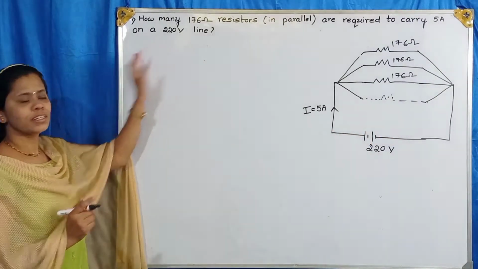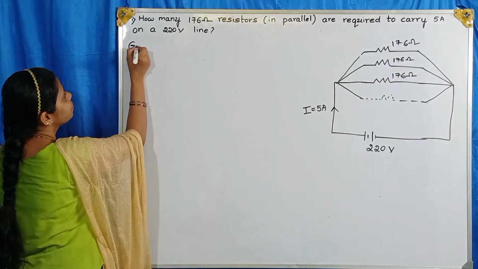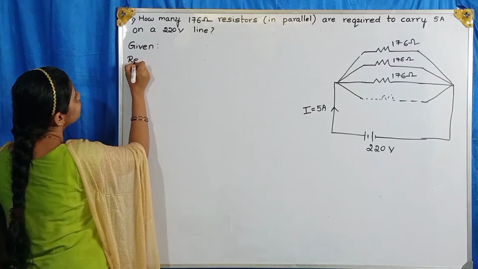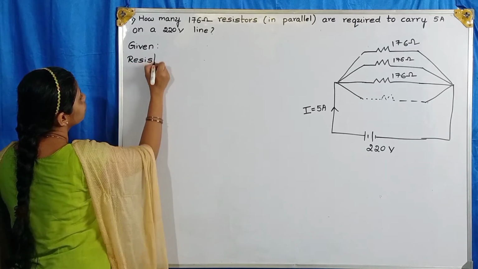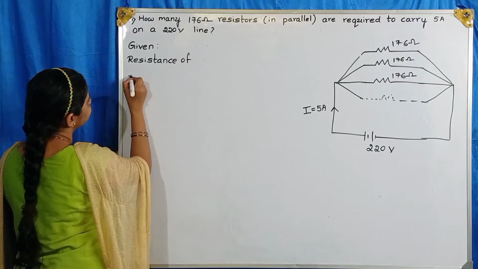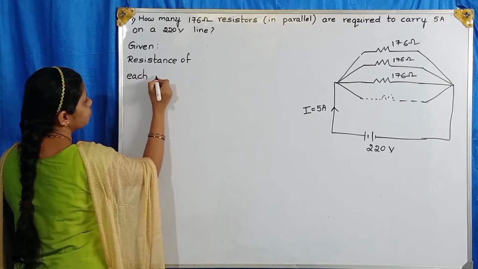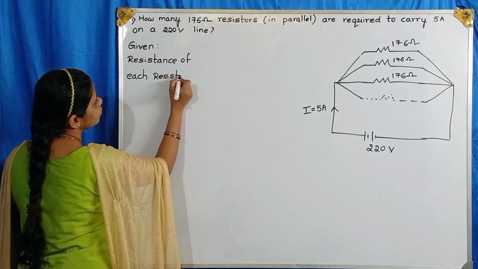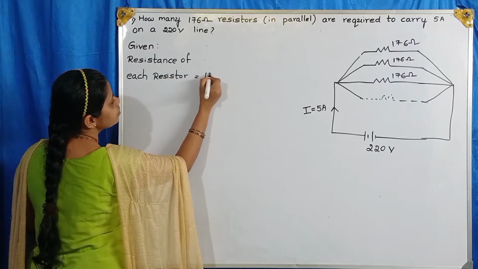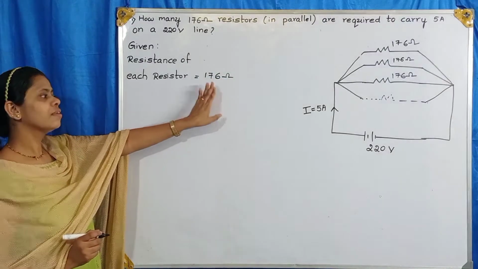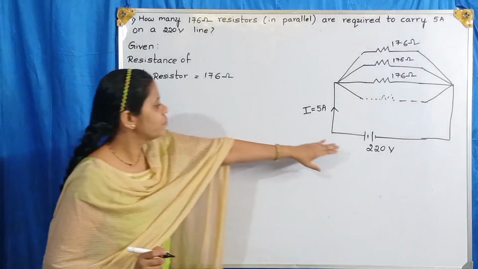Now let's write what is given in the problem. What is given? Resistance of each resistor is how much? 176 ohm. Then what is given in the problem?